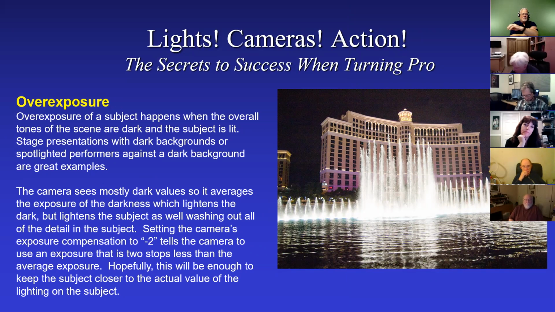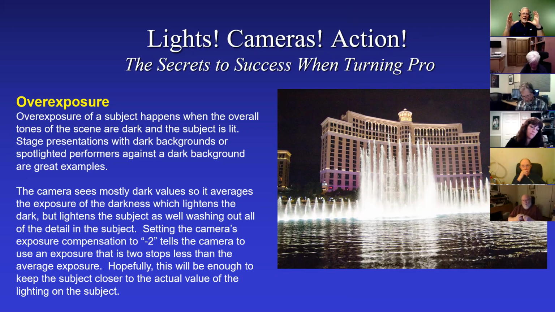Now, I realize those fountains are lit and the Bellagio has light on it, but I promise you the reflections in the water are quite dark and the sky is very dark. This is dominated by darker tonal values. So as a result, the camera wants to open up because it thinks it's dark.